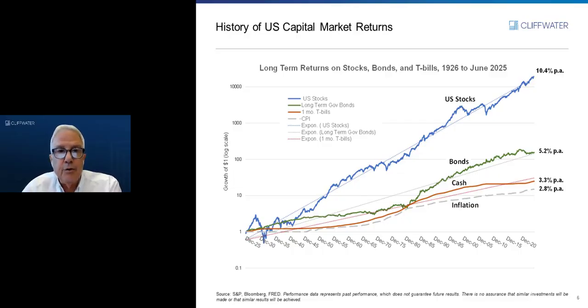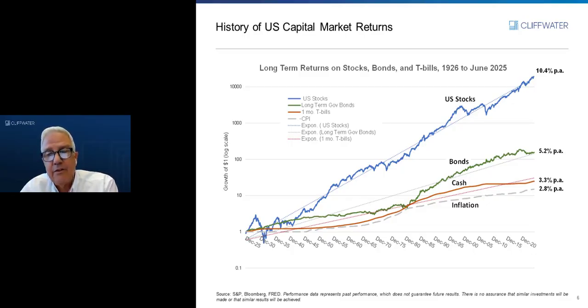Flipping to the capital markets, as you know, I always like to show this graphic. Basically, it talks about how impressive capital formation has been in the U.S. This covers pretty much a century, starting in 1925 through June of 2025, with a compound annual return for stocks of 10.4%.